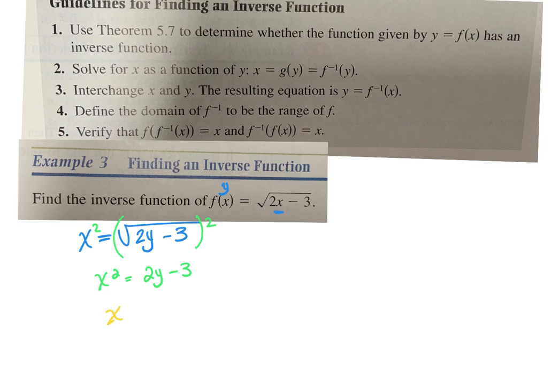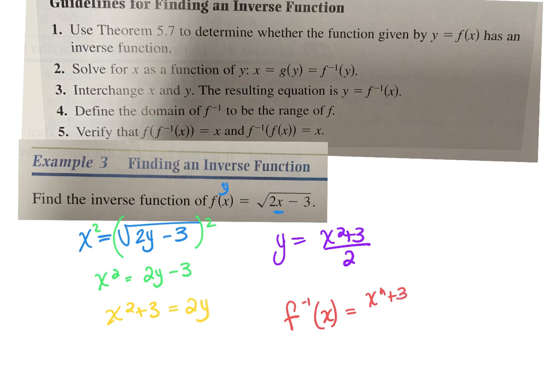Add my 3 over, and then divide by 2. So I have y equals (x squared plus 3) over 2. And you want to rewrite that with your inverse notation. The inverse of f is (x squared plus 3) over 2. I'm going to make that a little bit prettier.